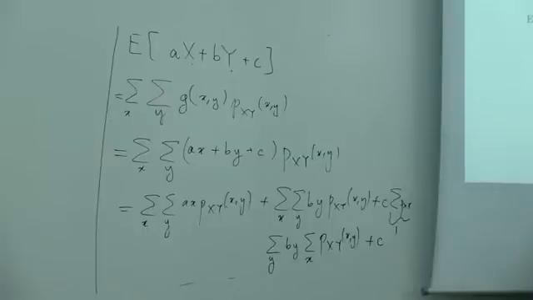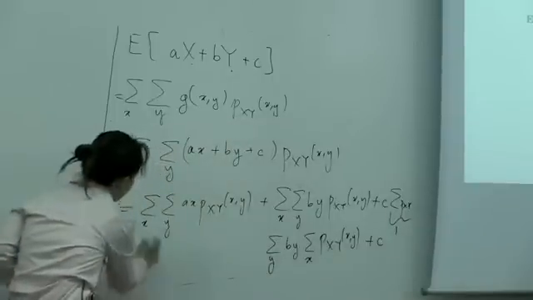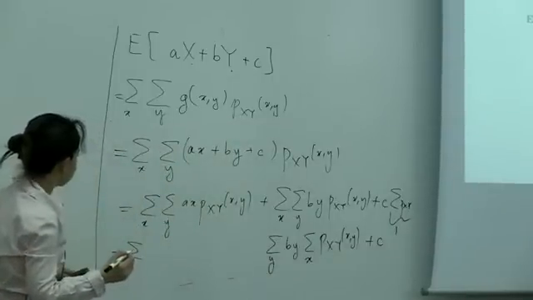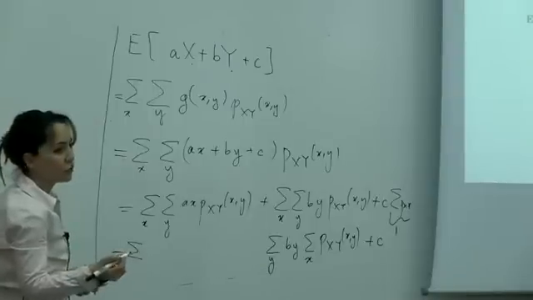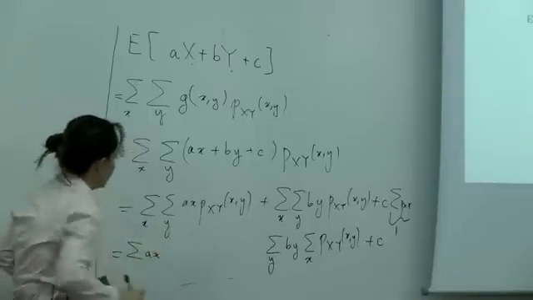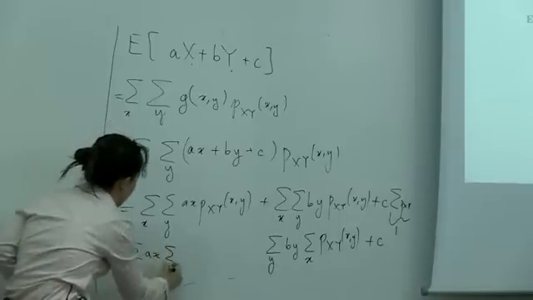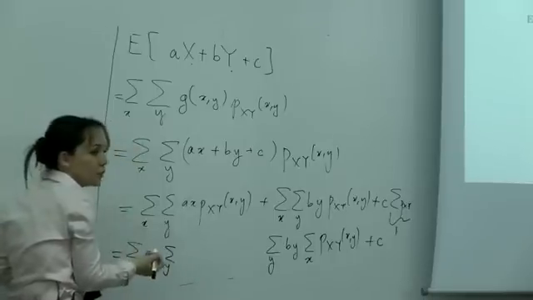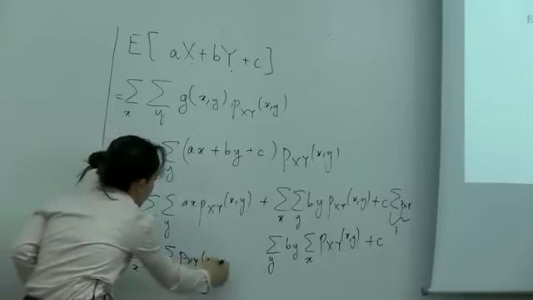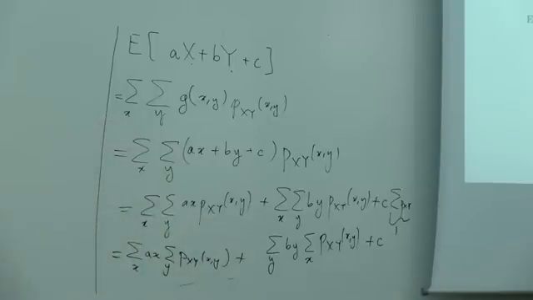Right? Any problem? I just changed the order of the two summations. I can do the same here. Well, in this case I don't need to change the order of summations. I can just take a times x out of the first summation because a and x have no dependence on y. p_XY(x,y). Okay. Any problem?